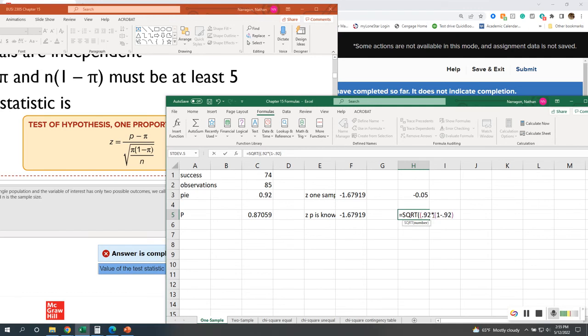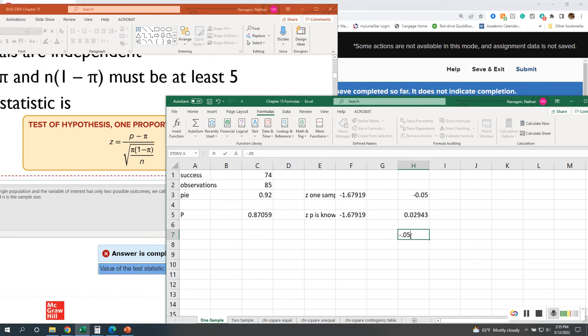Notice that I'm typing in the numbers this time. We want to see if there was an actual transfer issue. Divided by n, which is 85. Okay, enter.